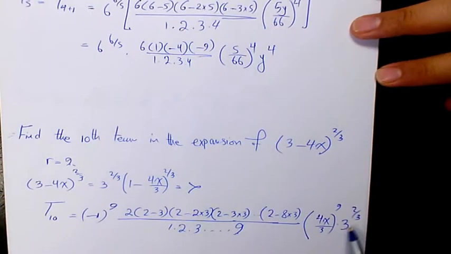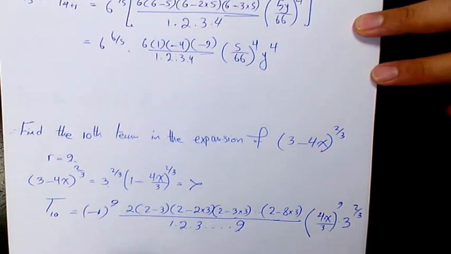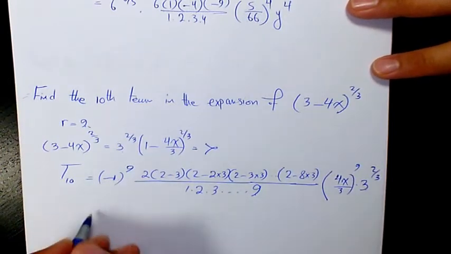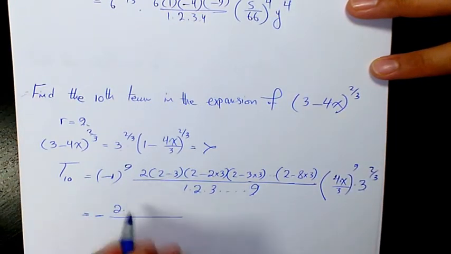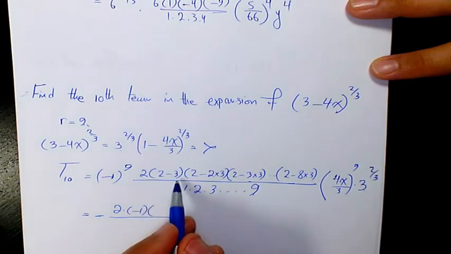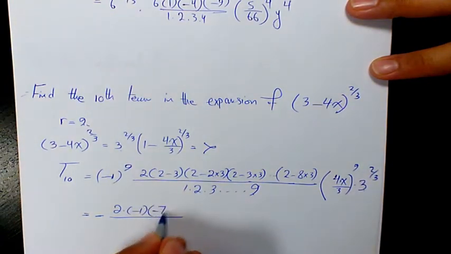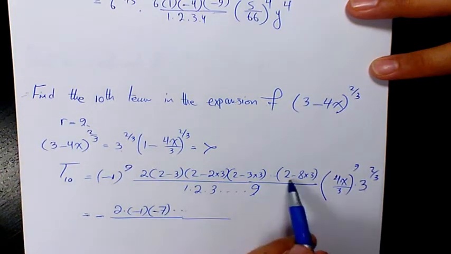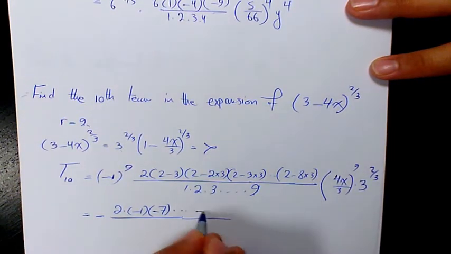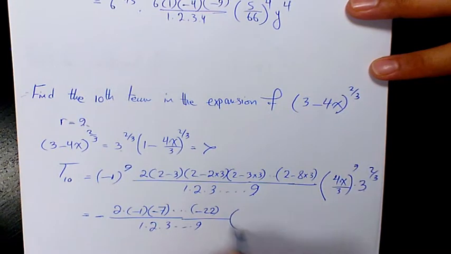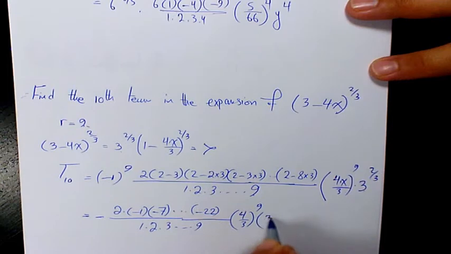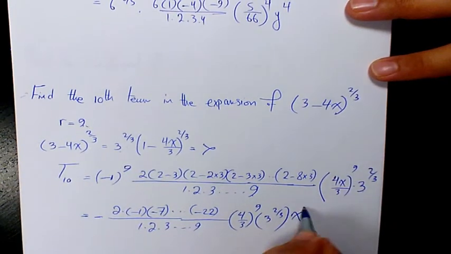The reason I wrote 3 to the power of 2 over 3 is because we took it out. So now we can simplify it. It's going to be negative 2 times negative 1 times, 2 minus 9 is going to be negative 7, all the way to 2 minus 24, which is going to be negative 22, divided by 1 times 2 times 3 all the way to 9, 4 over 3 to the power of 9, 3 to the power of 2 over 3, and x, you take it out, x to the power of 9.